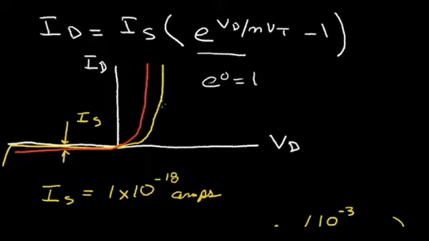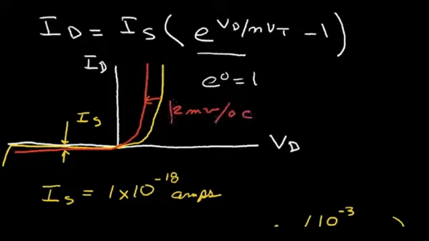Now there's a rule of thumb about the voltage drop at a particular current across the diode. And as the temperature increases by 1 degree centigrade, the voltage drop decreases by about 2 millivolts. 2 millivolts per degree centigrade.